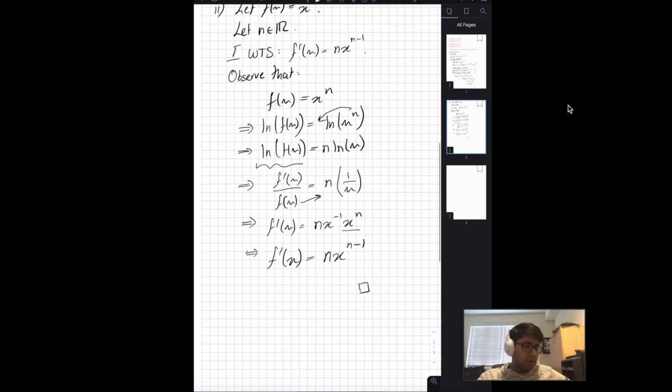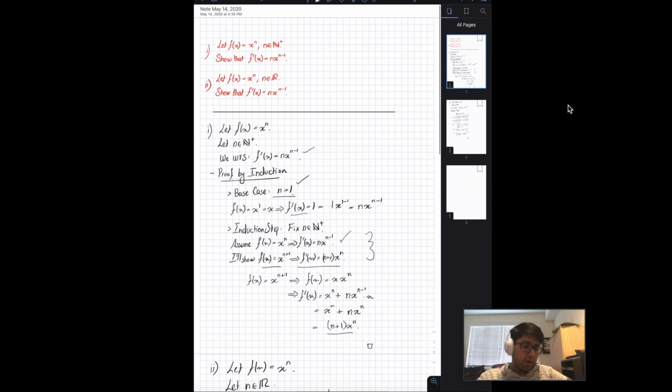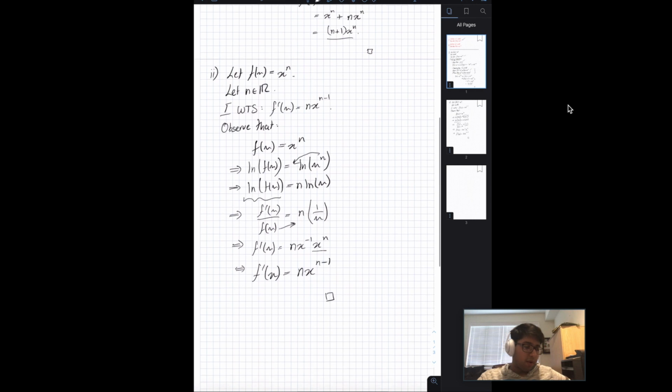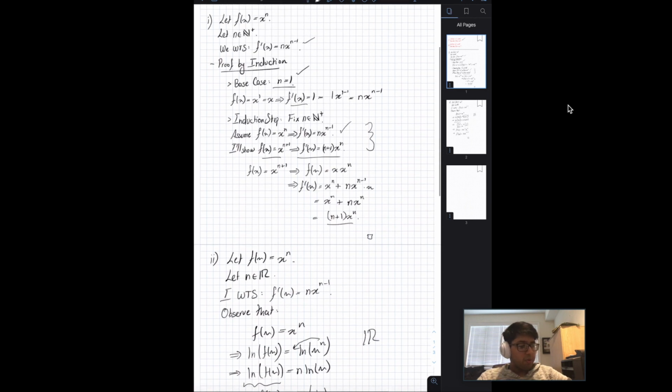We'll also notice that in order to prove number 1, this first theorem, you could have actually just used the proof that I showed you right now. The reason is that the second theorem, or this second proof, applies to all real numbers, whereas this one only applies to all positive natural numbers.